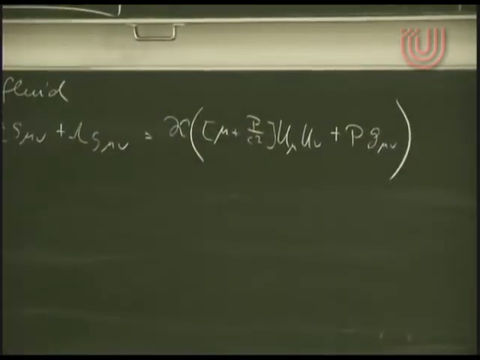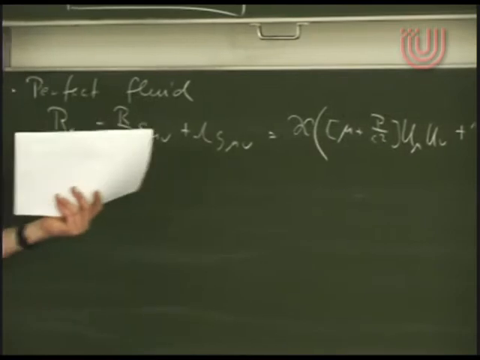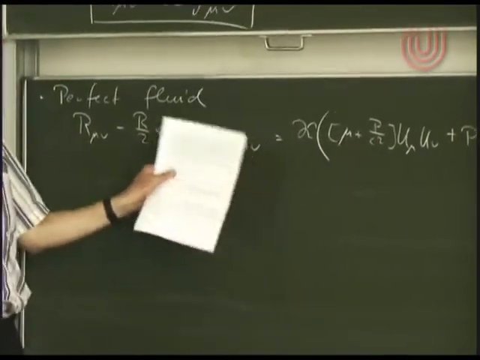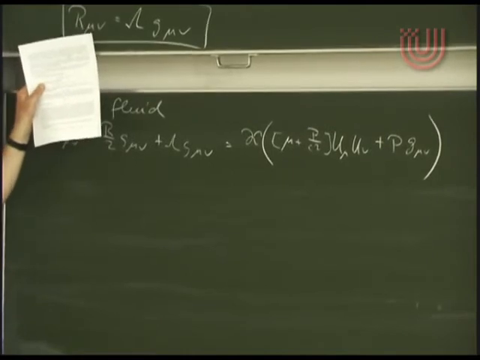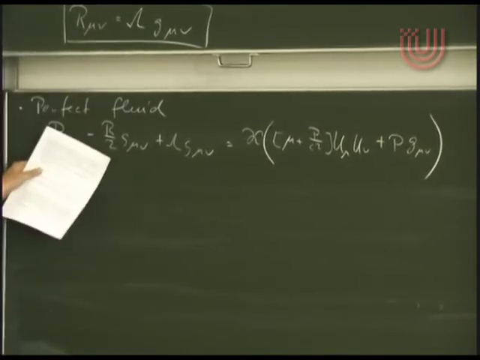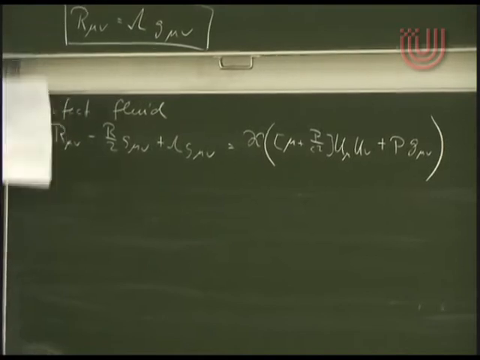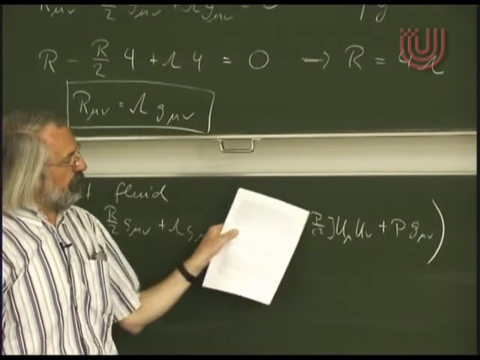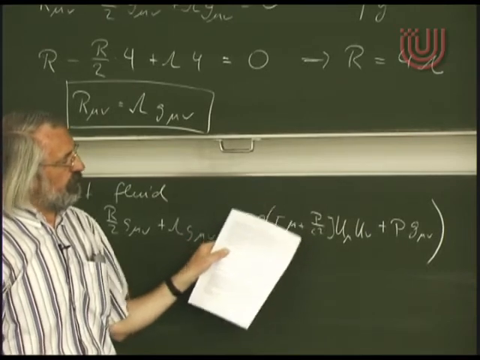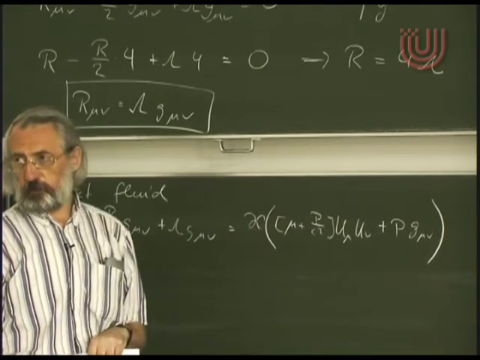So that's the equation. So you see, at first sight you might say, well, this looks more complicated than the vacuum case, right? The vacuum case looks so simple. It's such a short equation, looks so nice. But actually this equation is easier to solve than this here. Why is it so? Because now you have additional parameters, additional functions, the mu and the P and the four-velocity to play around with.